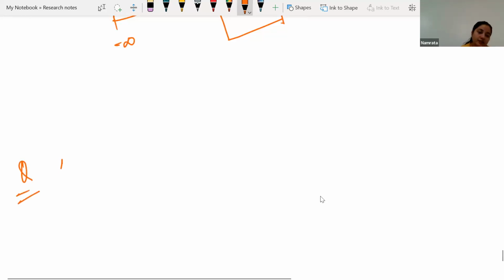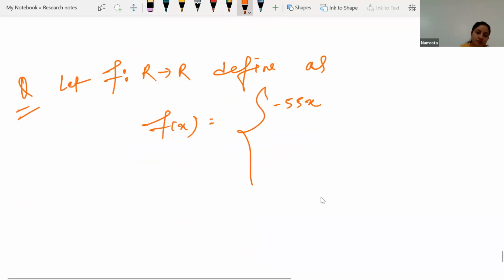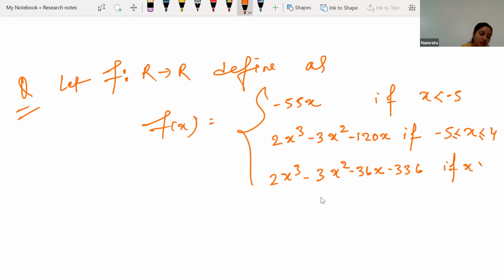Suppose our question is, let f from R to R be defined as f of x is equal to -55x if x is less than -5, 2x cube minus 3x square minus 120x if x is greater than or equal to -5 and less than or equal to 4, 2x cube minus 3x square minus 36x minus 336 if x is larger than 4.